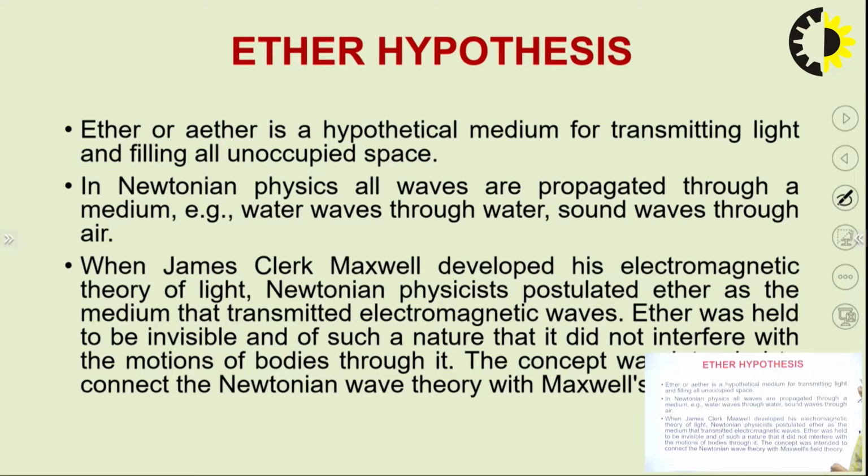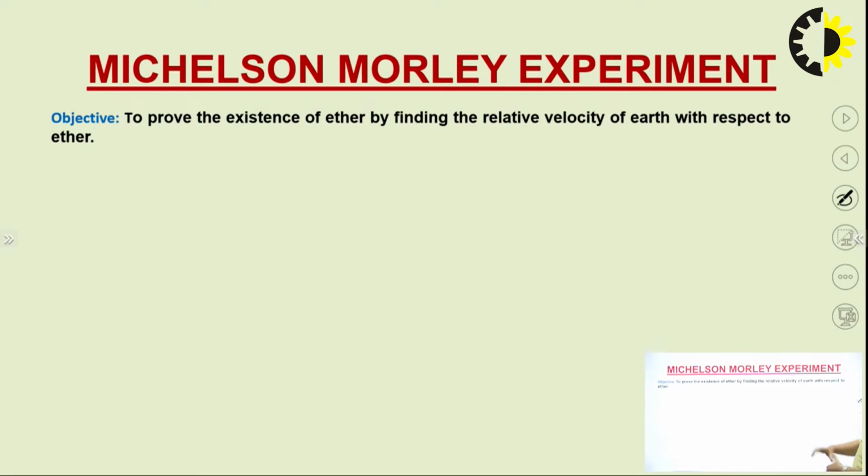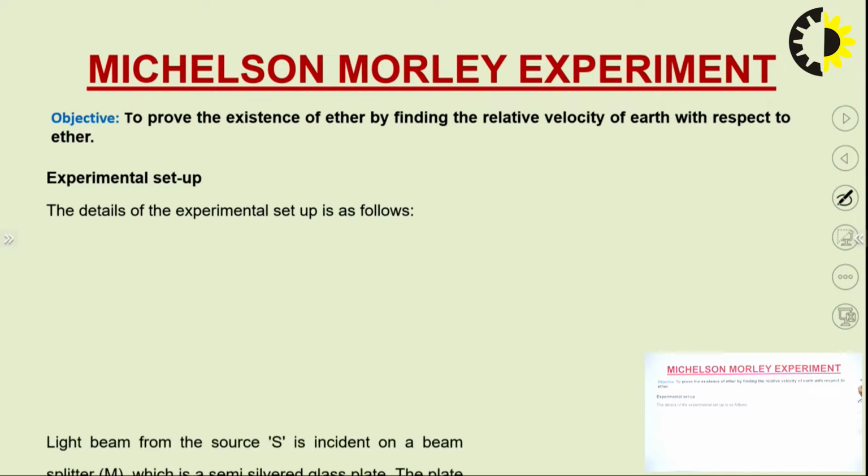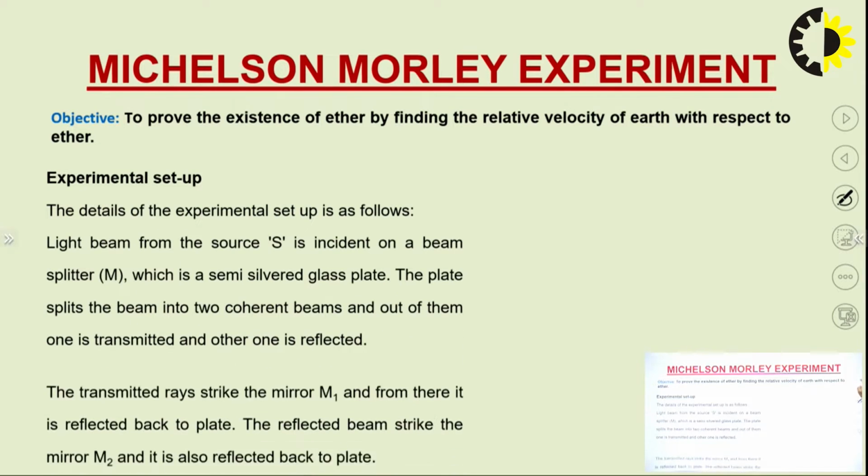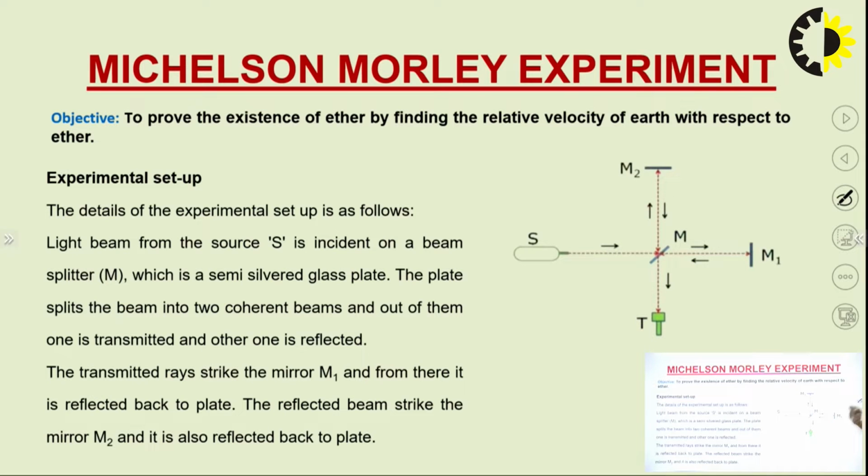Now to test this ether hypothesis, a famous experiment was performed by Michelson and Morley, the two physicists. The experimental setup is shown in this way. In this interferometer, we have a monochromatic light source, followed by a collimating lens.